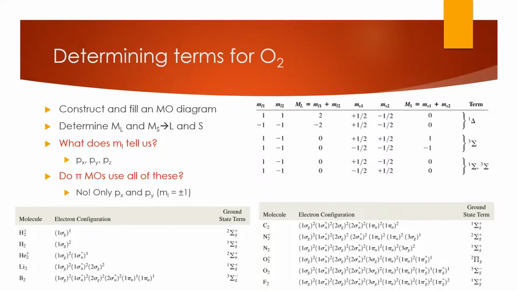Another thing to point out is that since we're dealing with these simpler systems, we only see singlet states or triplet states for molecules. It's pretty hard to see non-singlet or triplet states, and that's where the emphasis on singlet and triplet comes in. These states here that have doublets, these are all ions, right? So we have H2 plus, He2 plus, and then N2 plus, O2 plus.